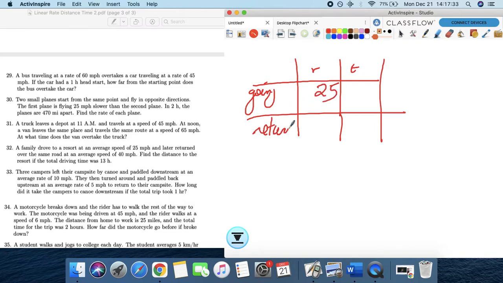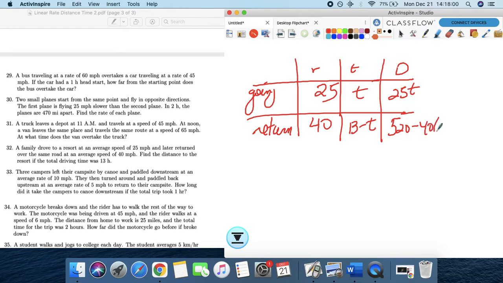Return, you were traveling at 40. Find the distance. So 13 hours was your total drive time. Let's call this T. Going, you spent T hours. Coming back, you spent 13 minus T. The distance traveled was 25T for now, and this one would be 40 times 13, which is 520, minus 40T.